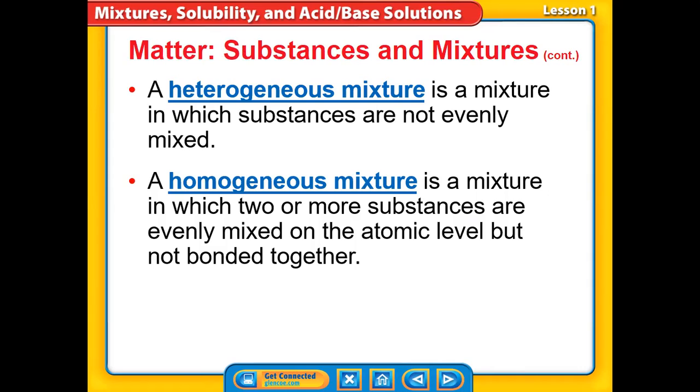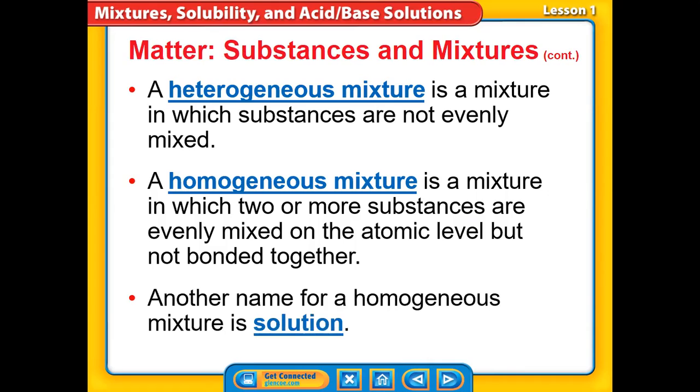So again, in a heterogeneous mixture, the components are clearly observed, while in a homogeneous mixture, the components are not clearly observed, or you cannot distinguish between them. Another name for a homogeneous mixture is solution.